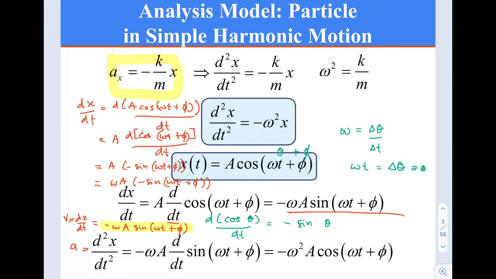So when you differentiate sin, it will give you positive cos, right? Then differentiate the whole bracket of the theta here, the one that has t is this one. So it will leave you with omega. So just now you have negative omega A as a constant outside. You're going to differentiate sin(omega t plus phi) with respect to t.